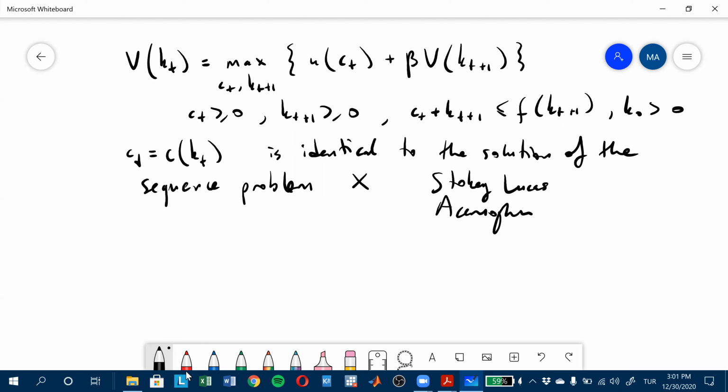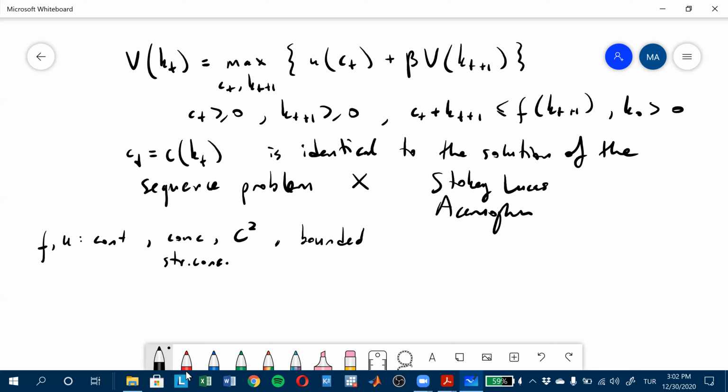We just want to say something specific about these functions. In general, what I said before: U continuous, F continuous, concave, twice continuously differentiable, all right? These are still important. Of course, if there is strict concavity, then this guarantees the uniqueness of the optimal path. Then there is this boundedness assumption.